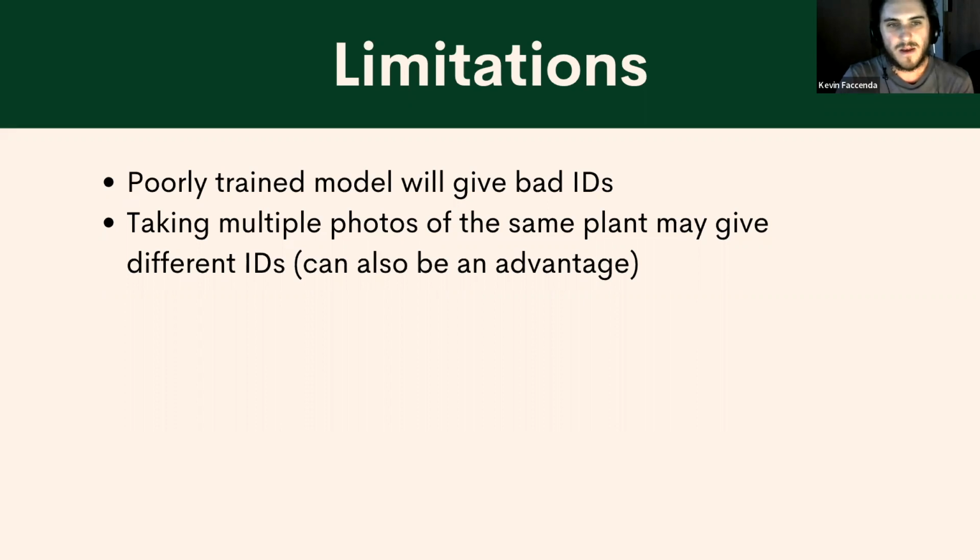And I mentioned this earlier, taking multiple photos of the same plant may give different identifications because the photos are slightly different, so the model may find different things in the photos to base the identification on. This can also be an advantage because if the first ID didn't make any sense, maybe the next one will.